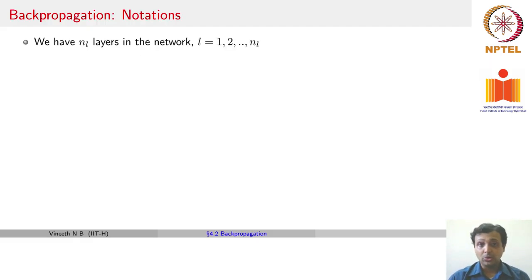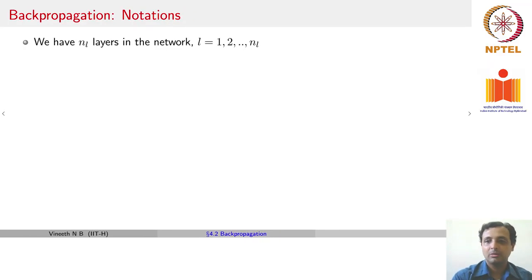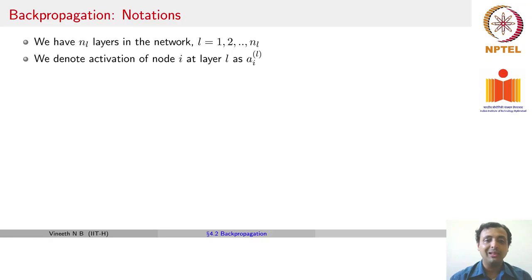Let's now define the notations to be able to define the backpropagation procedure completely. Let's assume that there are NL layers in the neural network, going from 1 to n sub L. Let's denote the activation of a node i at layer L as a sub i, Lth layer.